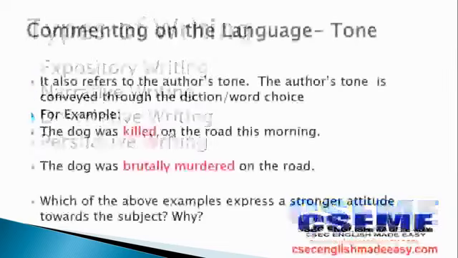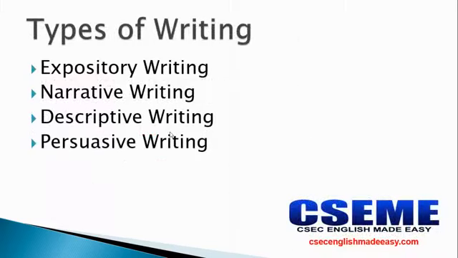Now, going back, I'm sorry if this part seems all over the place. We have expository, narrative, descriptive, and persuasive writing. Depending on our topic, the type of writing you might find is quite expository in nature, and therefore provides information, or it might be descriptive. It depends on what you're going for.